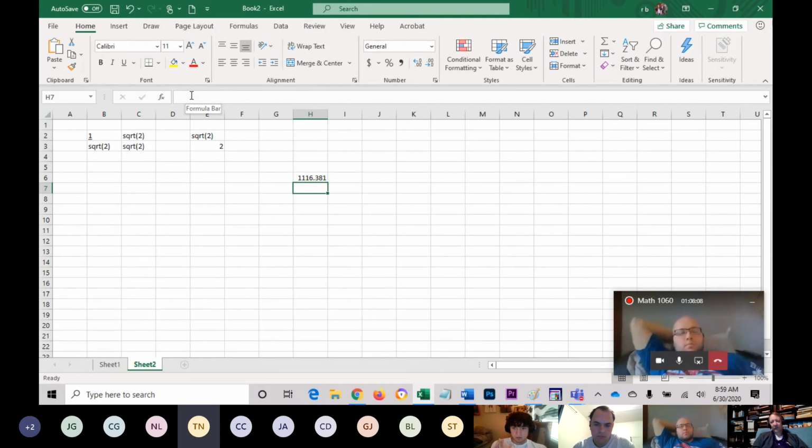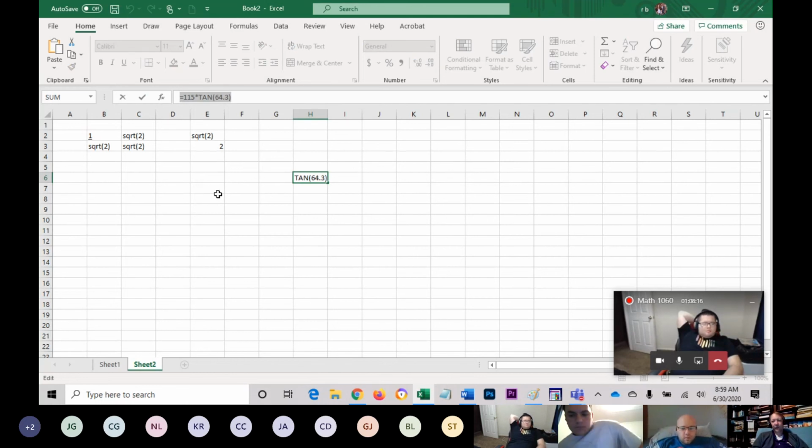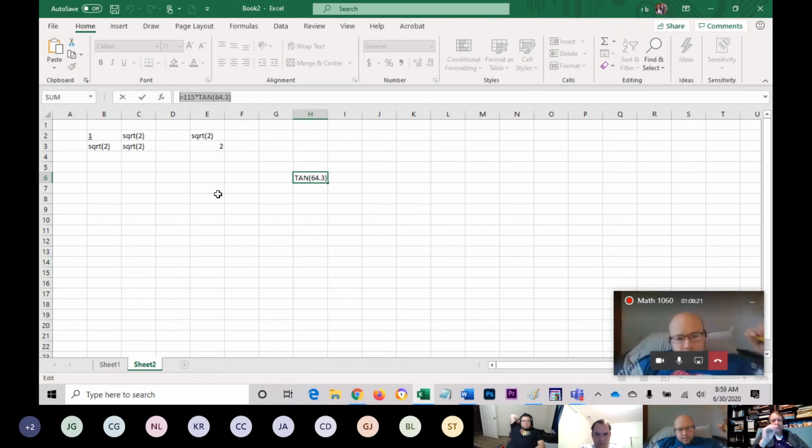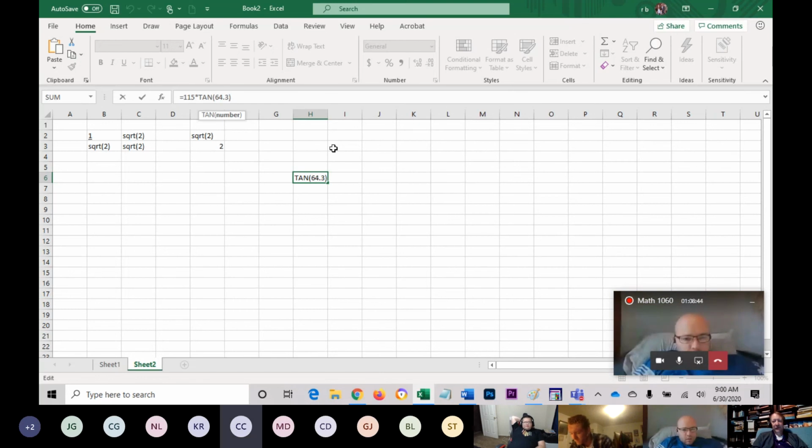Would you click on that formula again in Excel? That's right here, 115 times the tangent of 64.3. You've got to put all of tangent in the parentheses. Is that what you have to do? No. Okay, is 64.3 in radians? You need it in radians. I was glad I found that out before class. I'm like, wait a minute, what's going on? So how would I convert this to radians really quickly? Multiply by pi over 180.